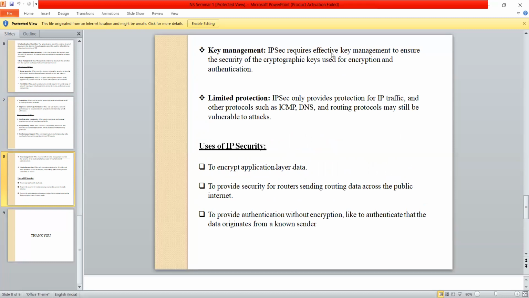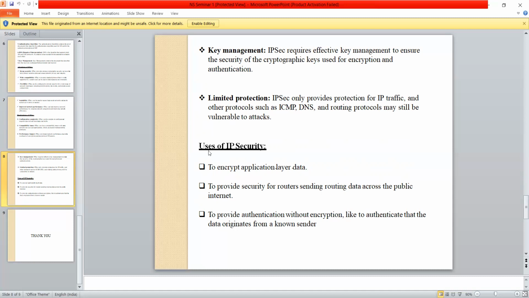It requires effective key management to ensure the security of cryptographic keys used for encryption and authentication. Limited protection: IP security provides protection for IP traffic, but other protocols such as ICMP, DNS, the Domain Name System, and routing protocols may still be vulnerable to attacks.